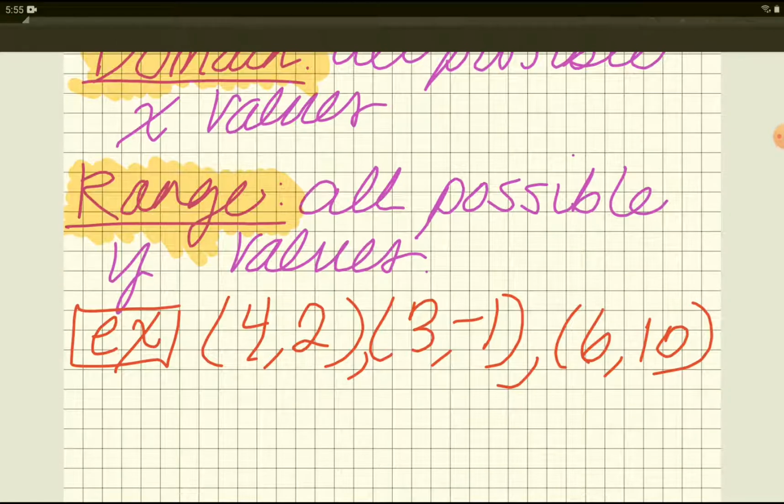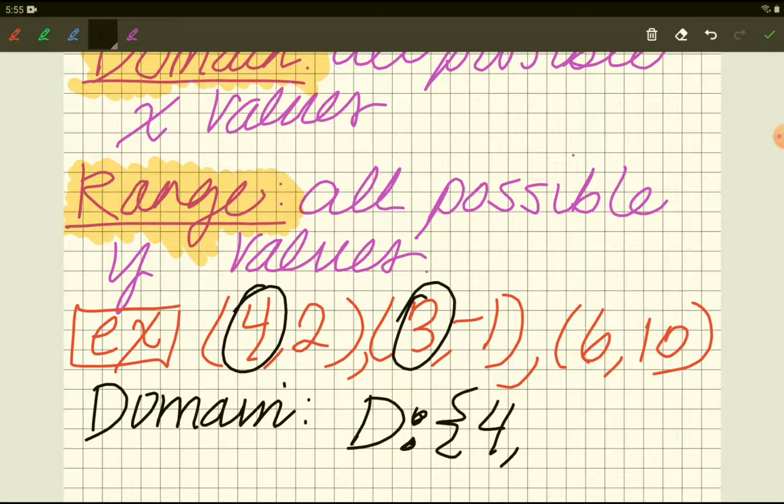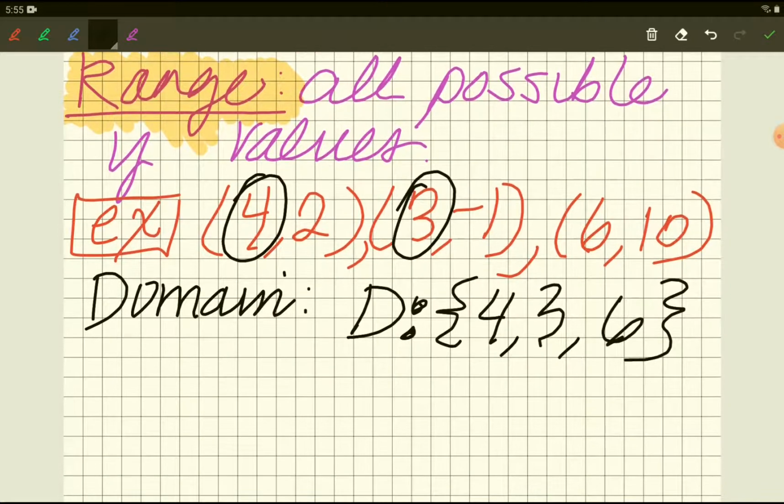Then the domain, which is talking about all the x values, could be written as D = {4, 3, 6}.